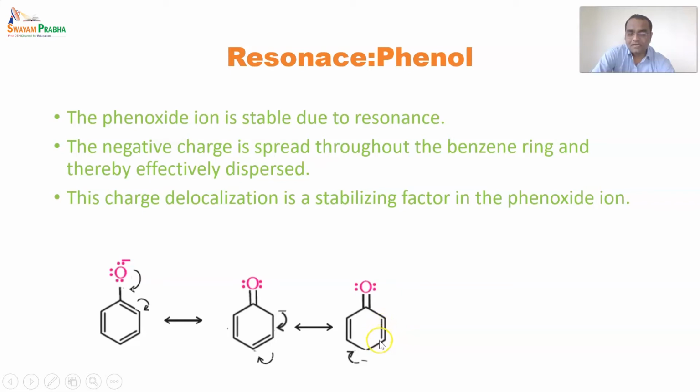So here it can be seen very clearly, and after that the same thing will happen: a negative charge on the para carbon will form a bond between the meta carbon and para carbon, and the pi bond between the meta and ortho carbon will break and shift the electron towards the ortho carbon.